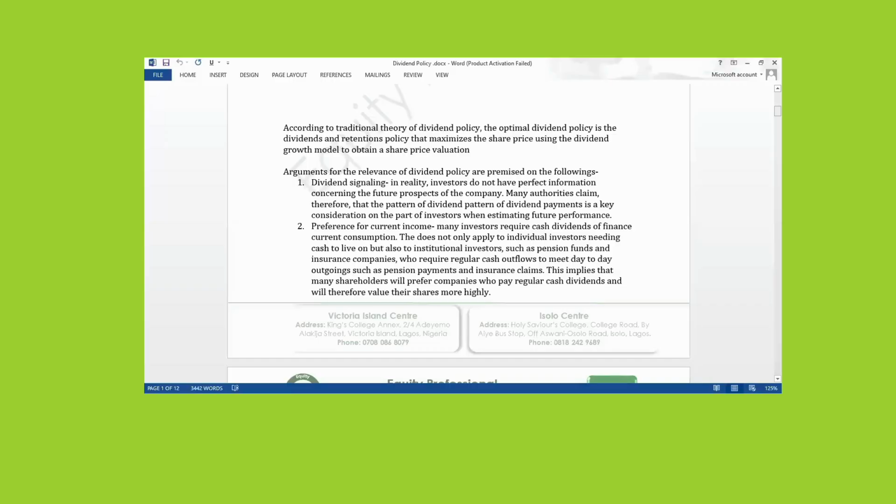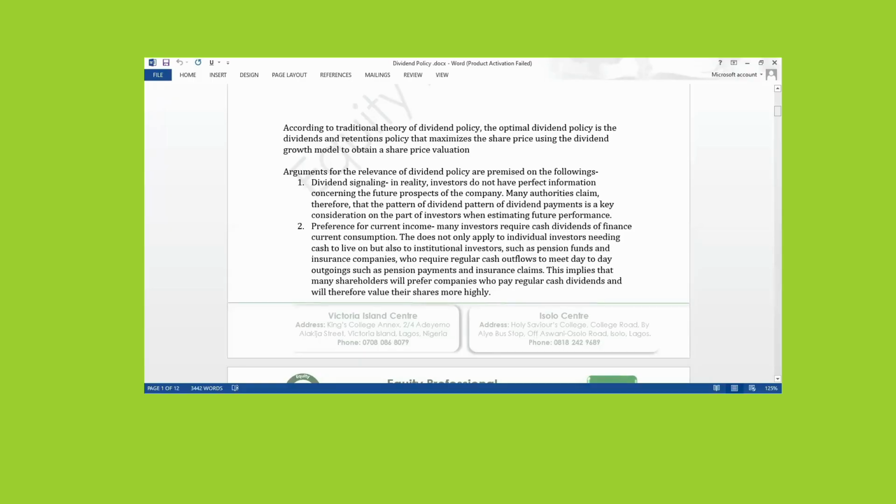When a company pays dividend regularly, investors believe that the company is doing well. By paying dividends regularly to your shareholder, it's a means of sending signals about the company's positive performance. It is natural.